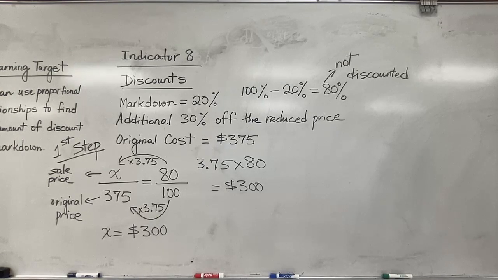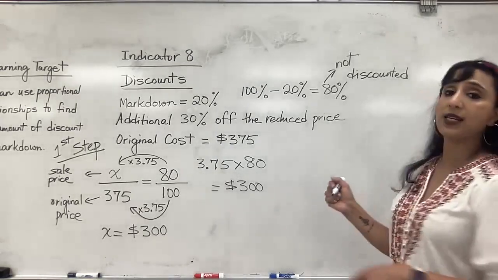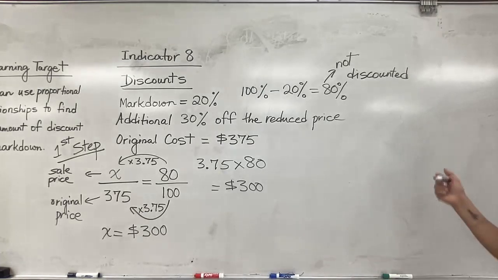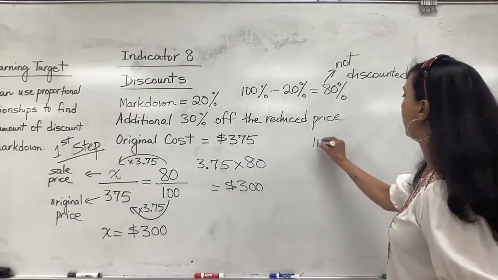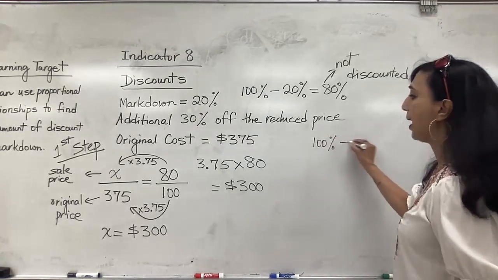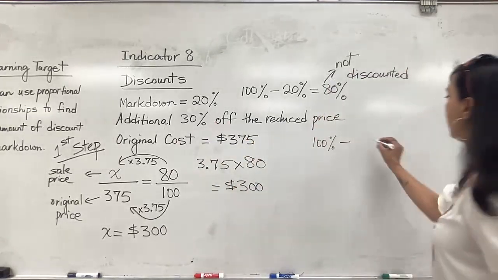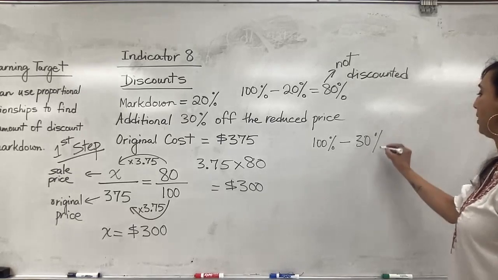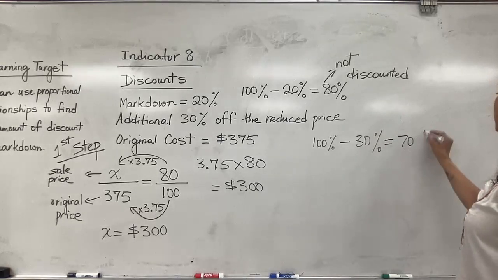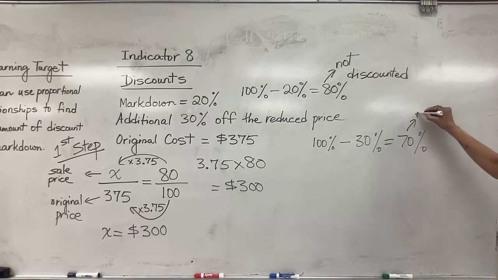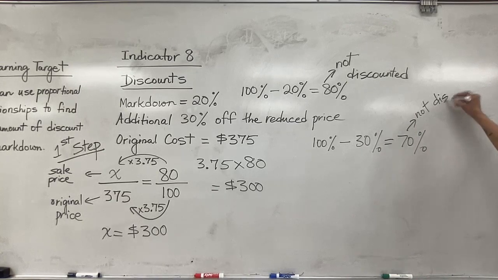Okay, so what we are going to do now is we are going to write in the same format, and we know that 100% minus the 30%, that's going to give me 70% is not discounted, right?